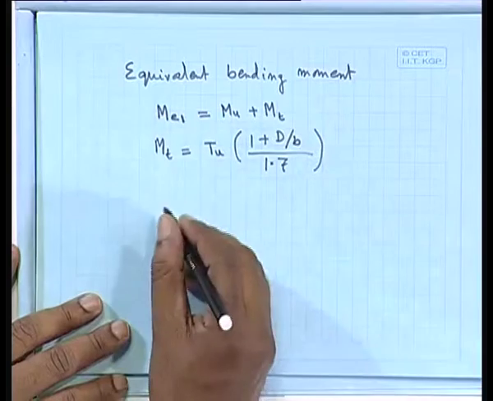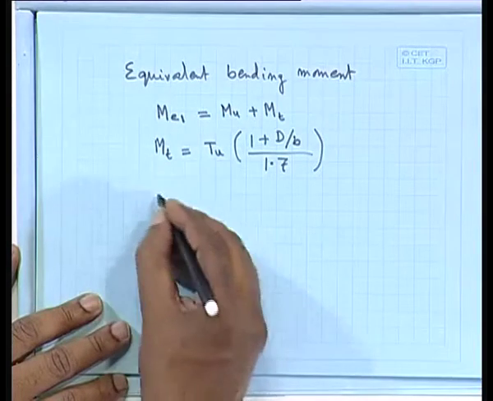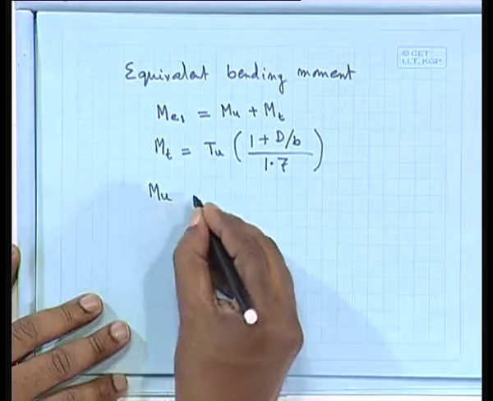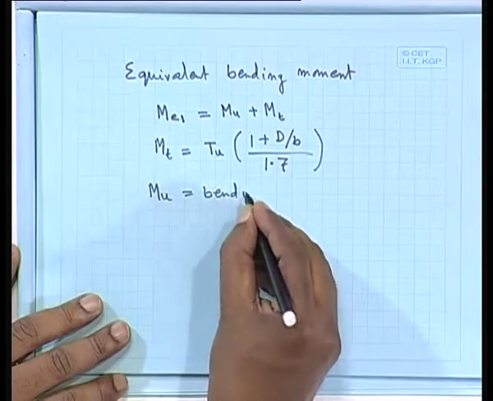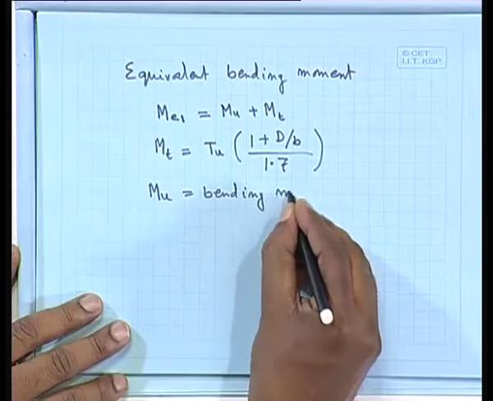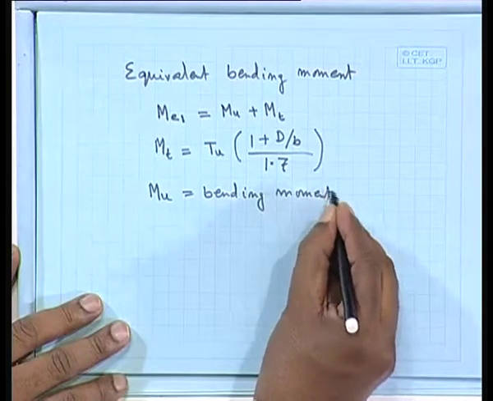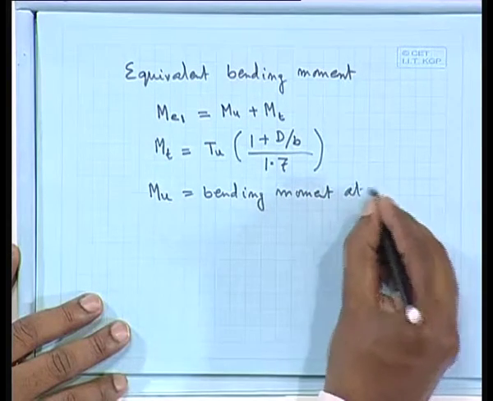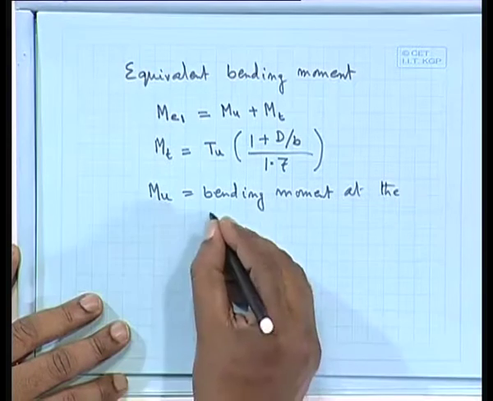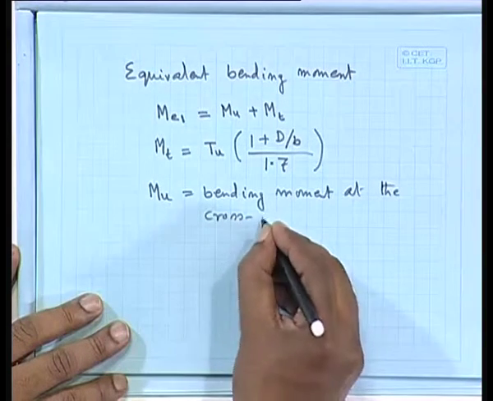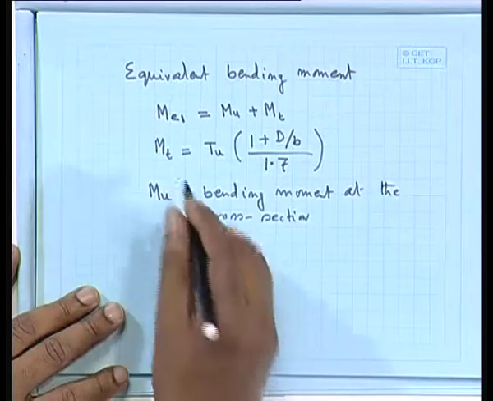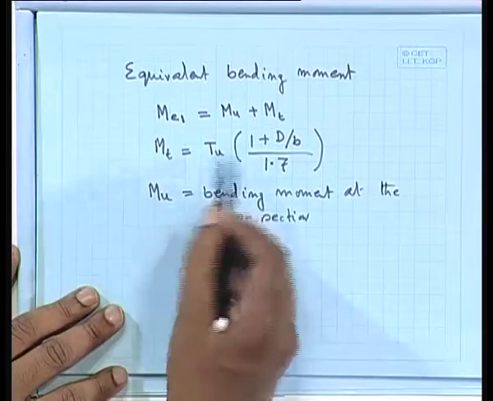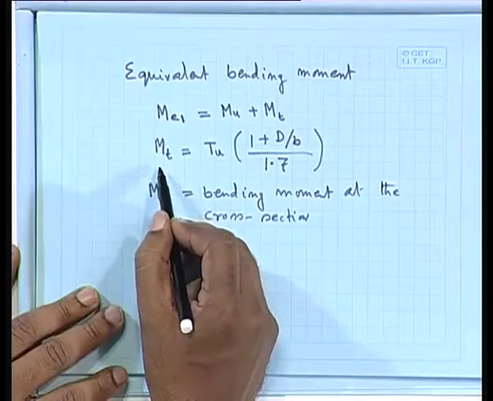So, here MU is the bending moment at the cross section, and MT is the equivalent bending moment due to torsion.